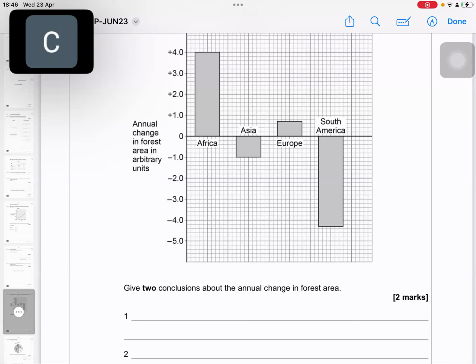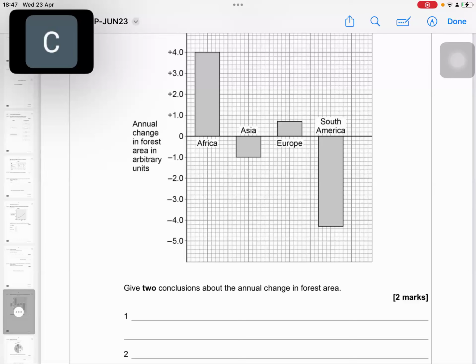Since those ones are on the positive side, for that first side, I think you can choose anyone you want to start with. You could choose to compare Asia and South America. How? For South America, we had a greater decrease in forest area than in Asia. And this is usually due to commercial activities, cutting down trees for timber and other uses in those areas.